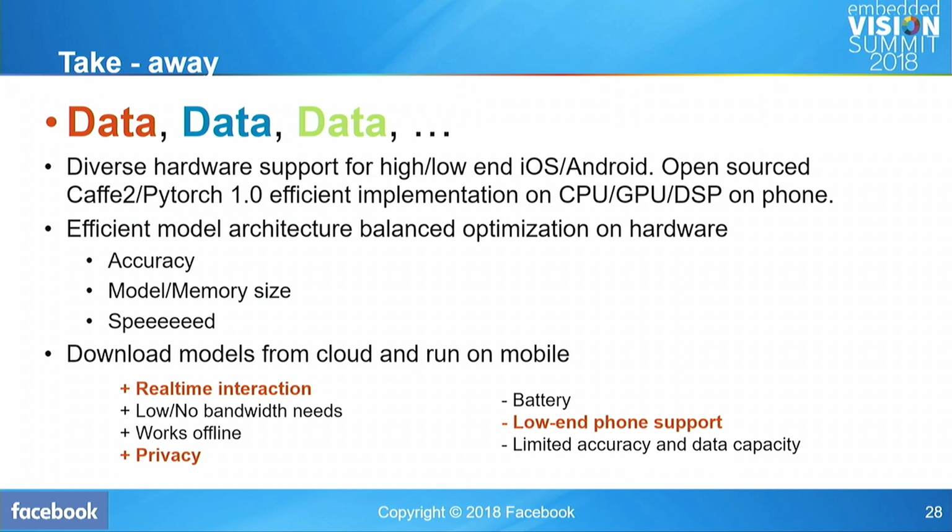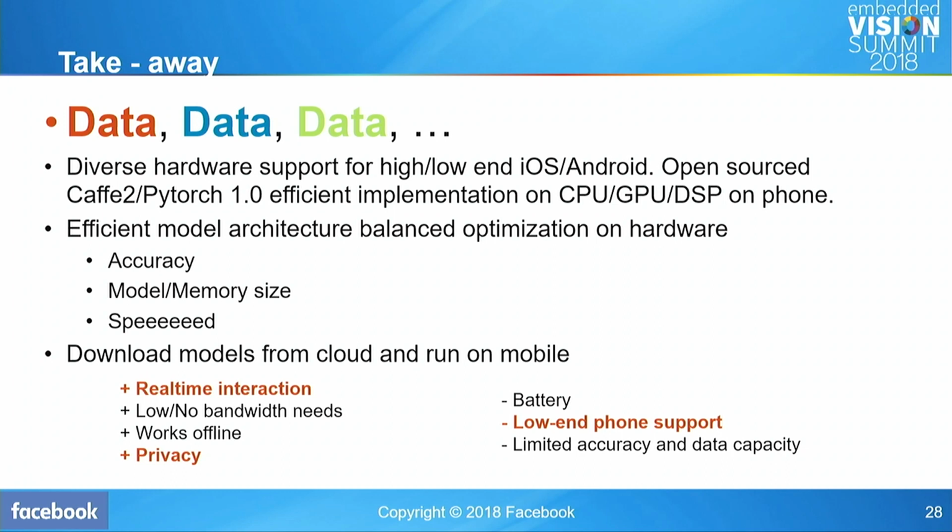We discussed some efficient model architectures, such as accuracy, optimizing for memory size, and of course, for speed, and balancing between these. There are different trade-offs running something on a mobile device or on the cloud. Both have very great benefits. If you run these networks on a mobile device, you can have real-time interaction.